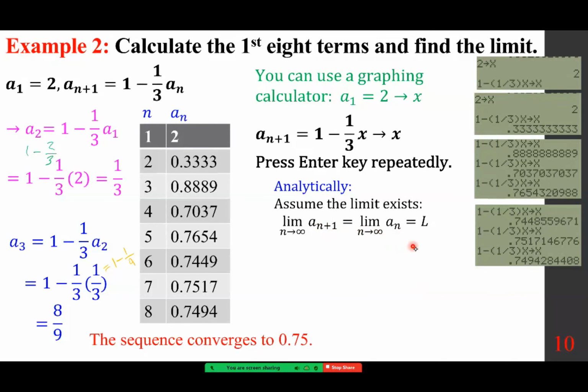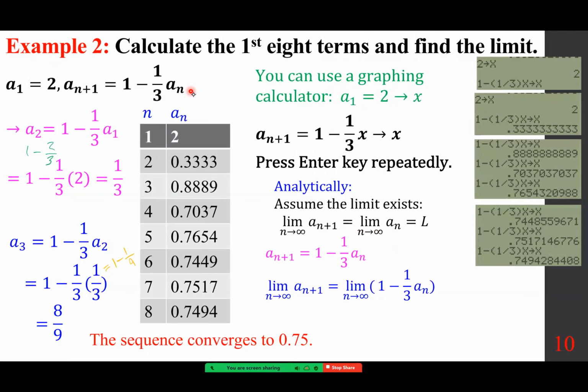And so we have this formula, and we take a limit of both sides. The limit of the left is equal to the limit of the right, right? This is just a formula that is given. And we said this is L, so is this one, because it doesn't matter at some point how far you go, the limit doesn't change.